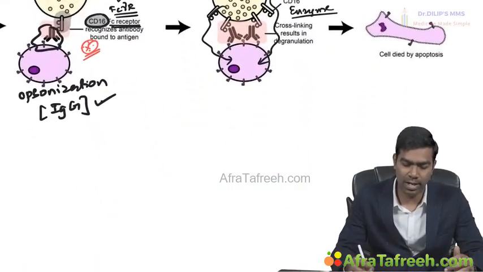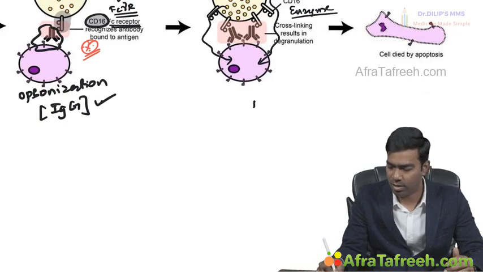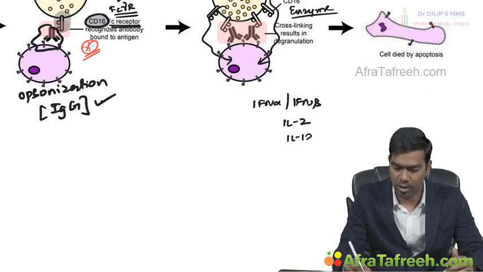And what are the cytokines that enhance the function of natural killer cells? TNF alpha, interferon gamma, interferon alpha, interferon beta, interleukin 2 and interleukin 12.